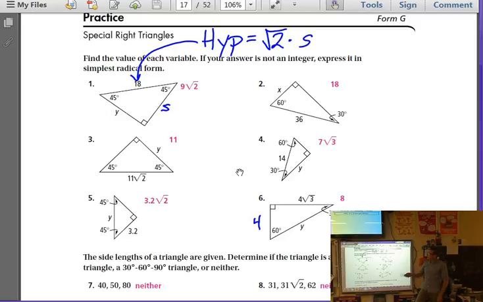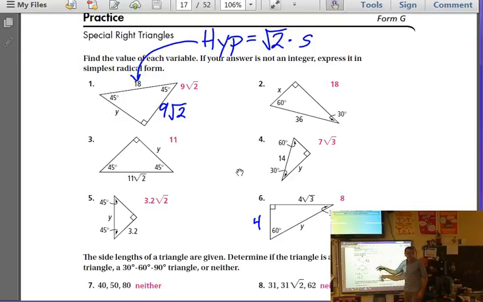If you go back to the notes from this section, you can see this. And if you watch the video, you can see where we derived the formula of 1/2 the hypotenuse times radical 2. But we know that the hypotenuse itself is going to be radical 2 times the short side. So if I work this backwards, if my short side is 9 radical 2, well, radical 2 times radical 2 is just 2. 2 times 9 gives me 18.